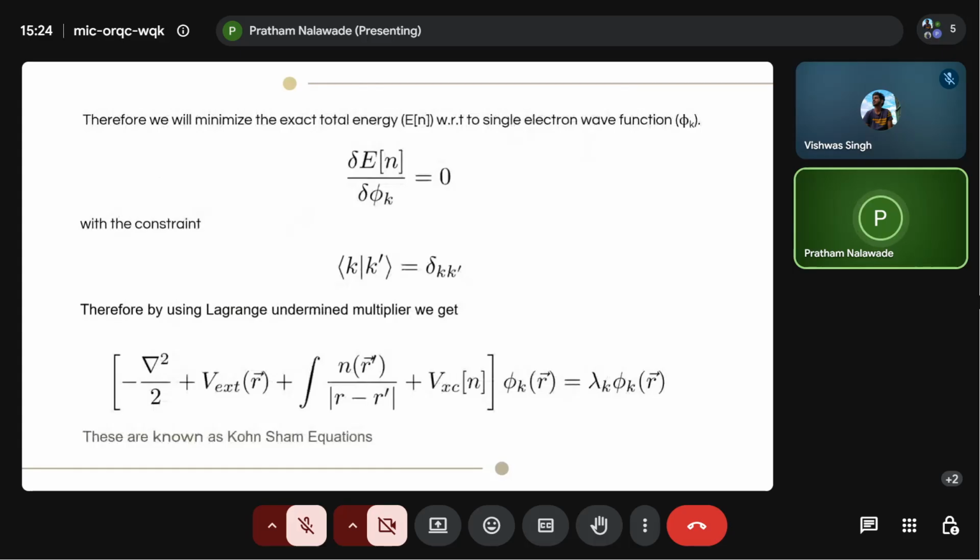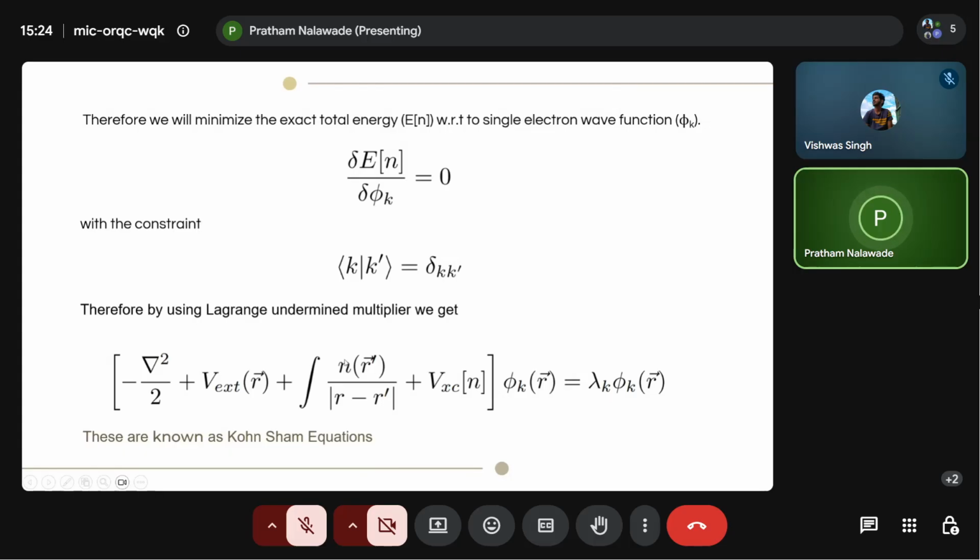Again minimization, again the same constraint, and again using the Lagrange undetermined multiplier. This is the equation I get, and these are the Kohn-Sham equations. All the terms here are represented in terms of densities.